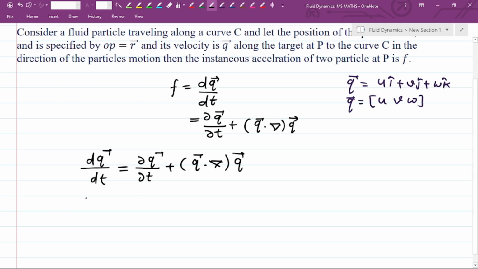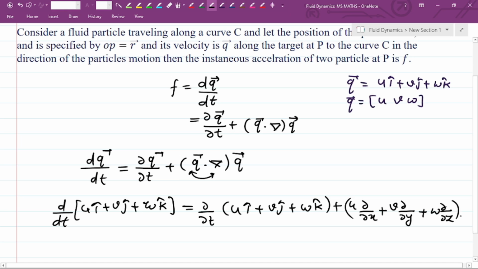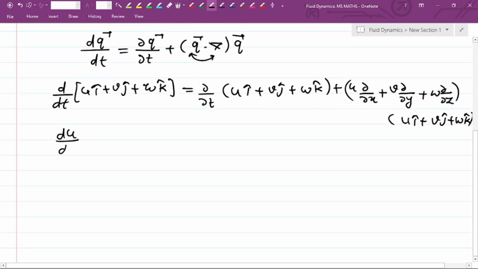In this case, it will be d by dt of u i cap plus v j cap plus w k cap, which is the velocity component q vector, equals dou by dou t of u i cap plus v j cap plus w k cap, plus the dot product of q and del, which is u dou over dou x plus v dou over dou y plus w dou over dou z, into i cap, j cap and k cap. So this will basically give du by dt.